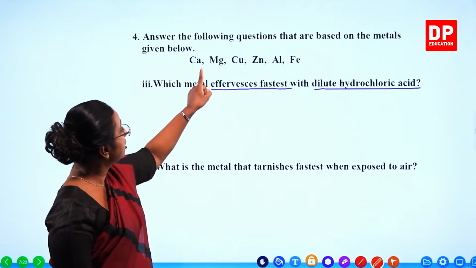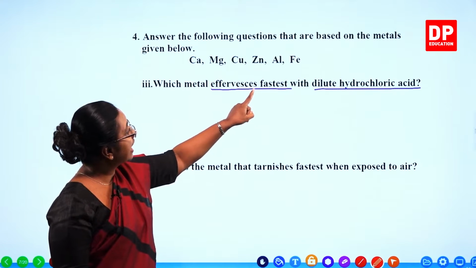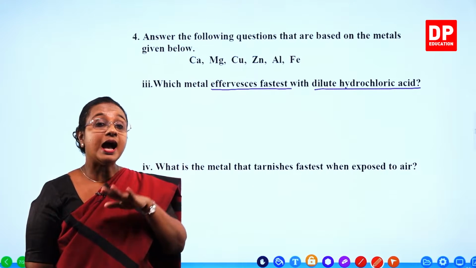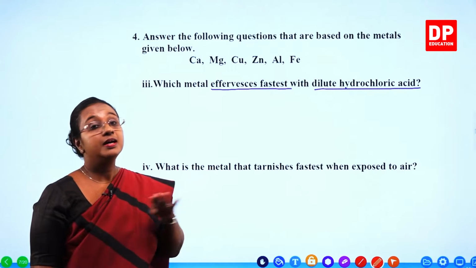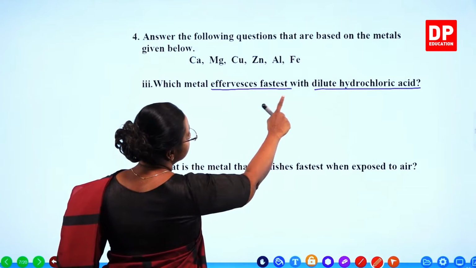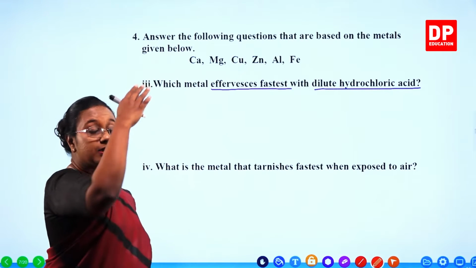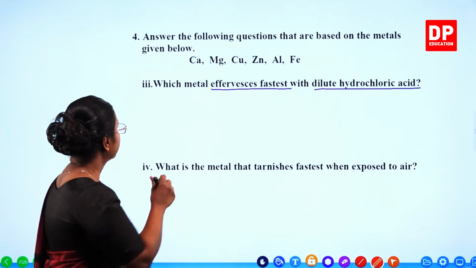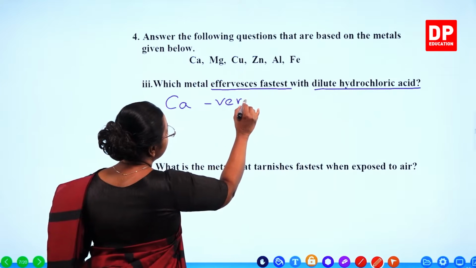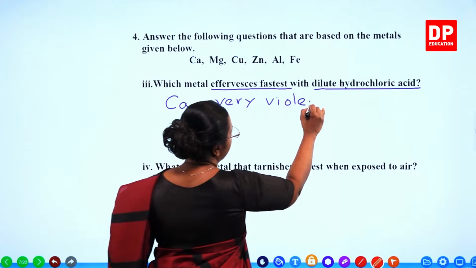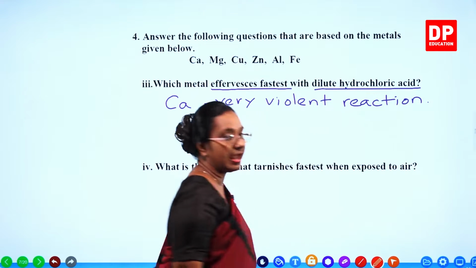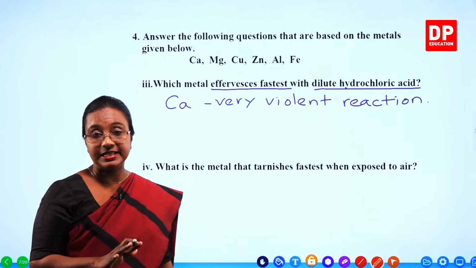But we did the reaction of magnesium, copper, zinc, aluminium and iron. Magnesium, zinc and aluminium are fast reactions. Iron is a slow reaction. Copper does not react. So the question is, which metal effervesces fastest with dilute hydrochloric acid? According to the reactivity, it has to be calcium. But I will say it is a very violent reaction, so normally we don't do that in the lab.